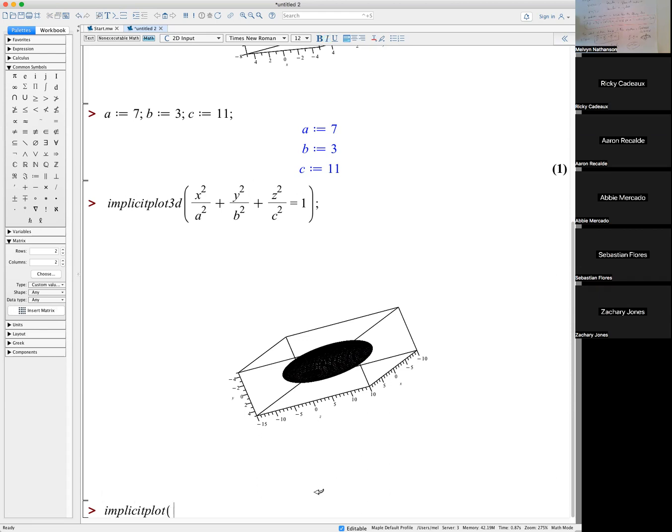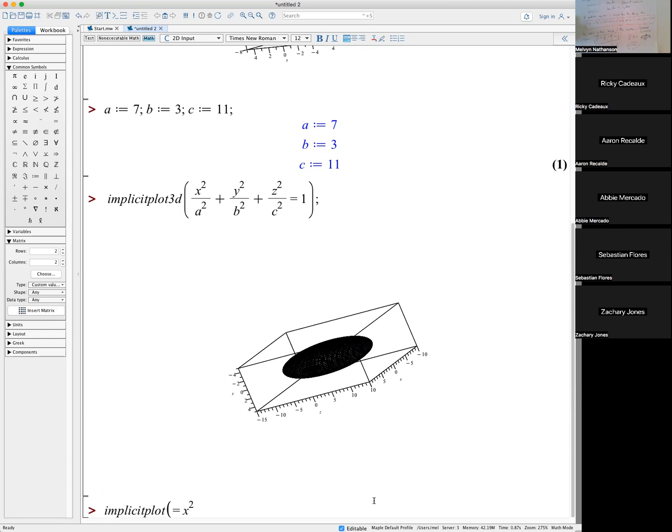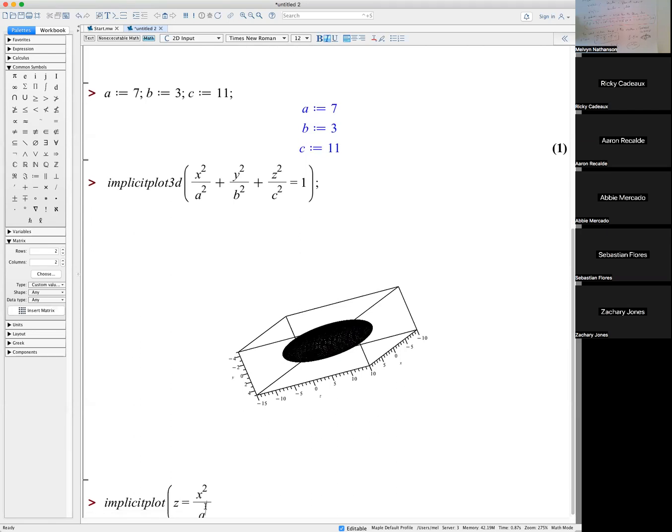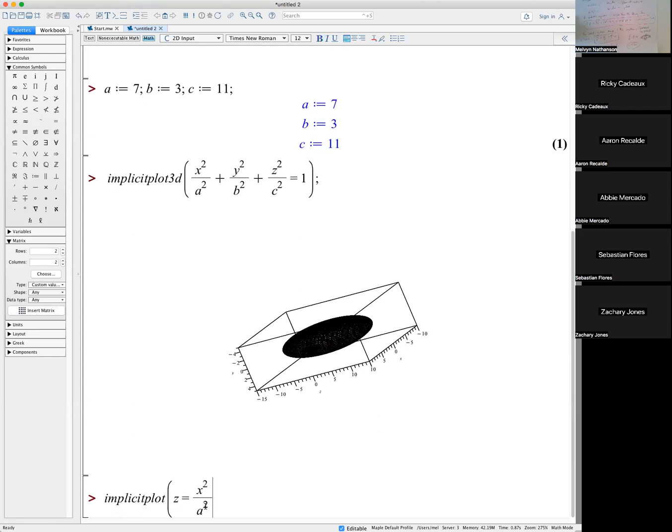And what I'm plotting is z equals x squared over a squared plus y squared over b squared. And I need some values for a and b. So suppose I let a equal 4 and b equal 2.